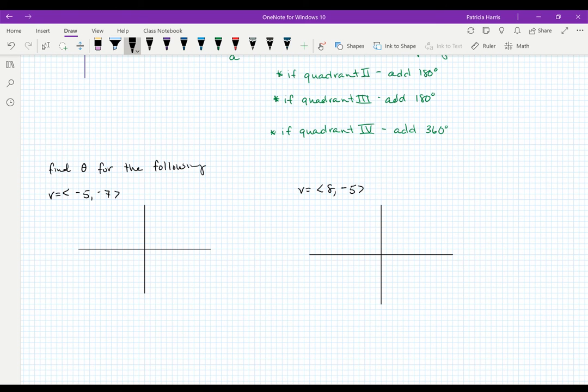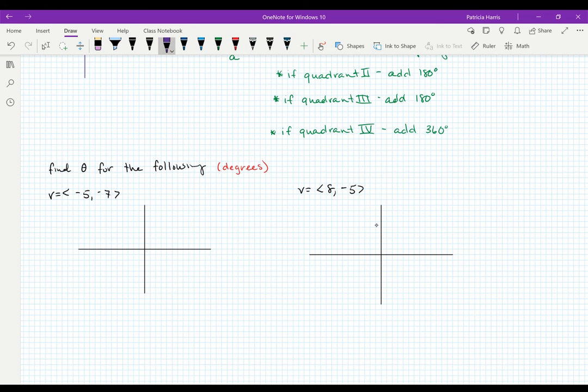I am going to have to use my calculator now. With vectors, we typically use degrees. The first thing I like to do is draw pictures. I don't like just using straight formulas, so I'm going to graph my vector and make a quick sketch.